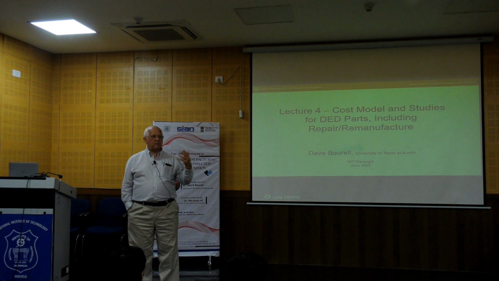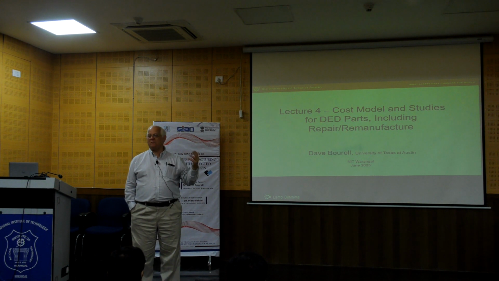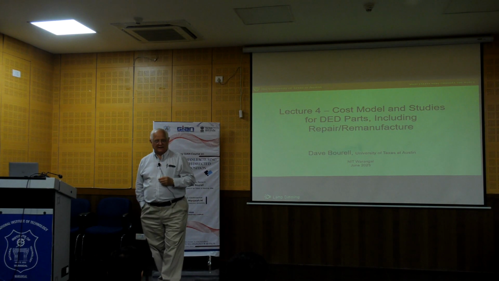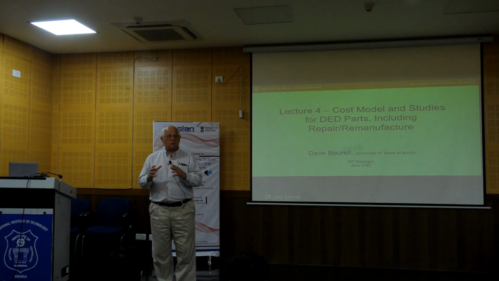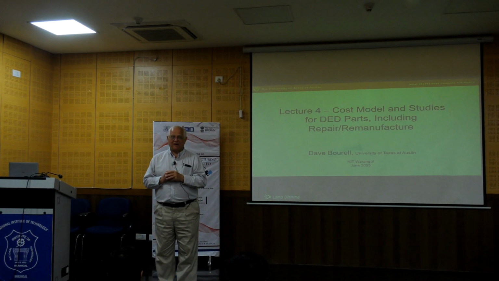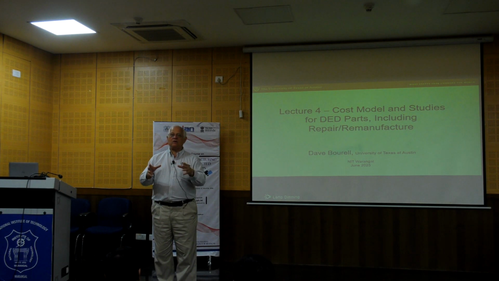And so a company could spend an extremely large amount of money, and let's suppose hypothetically that they actually do make a cheap metal powder for DED. Well, without the value of the cost modeling, they could very well find out that even if they use this cheaper powder, it doesn't affect the cost of the part.